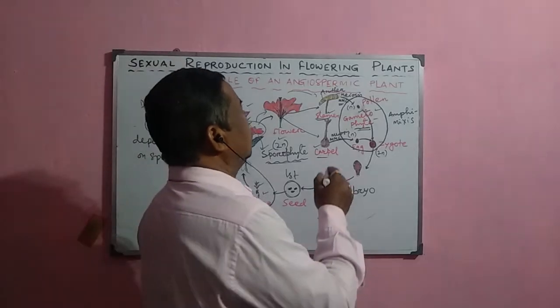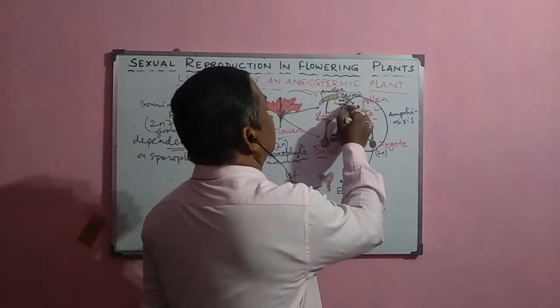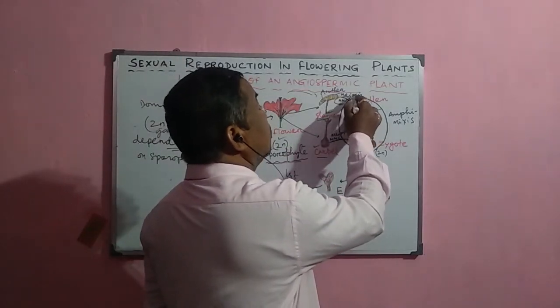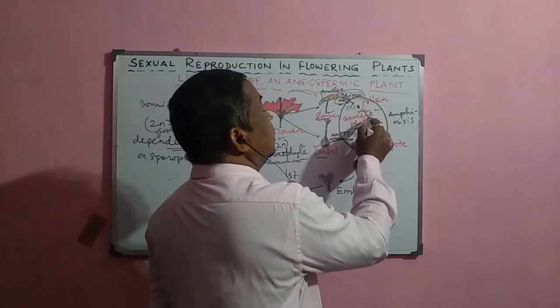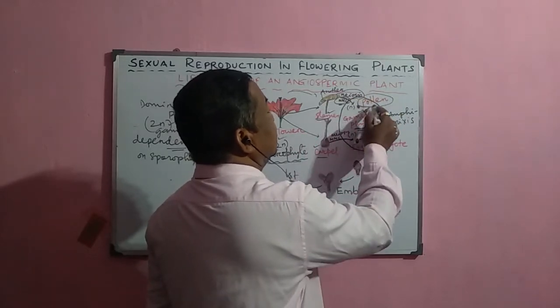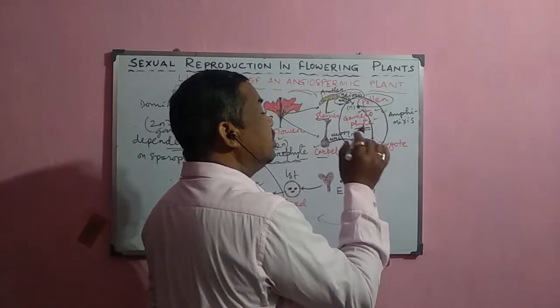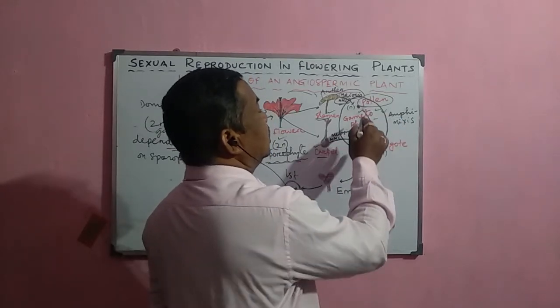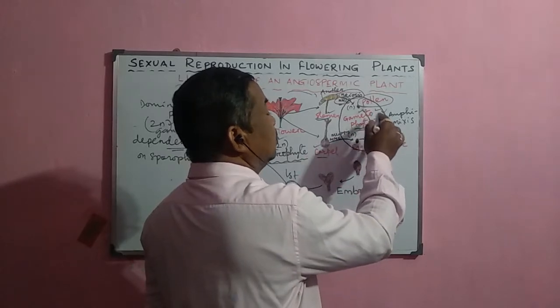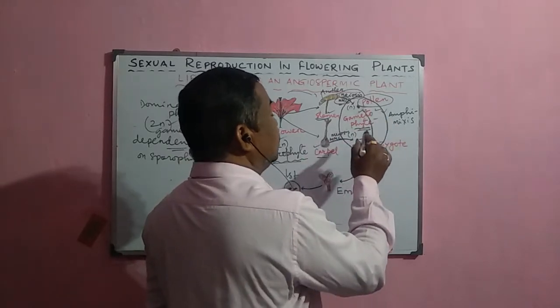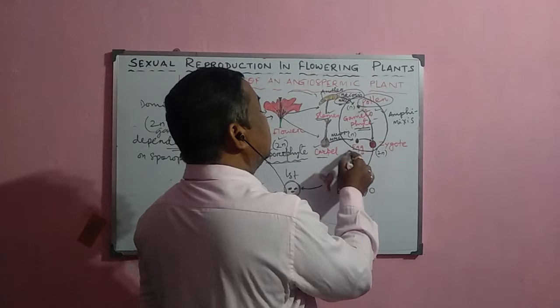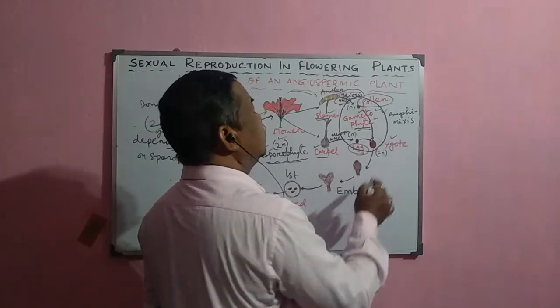Inside the microsporangium, the microspore mother cell undergoes meiosis and forms the pollen grain. This pollen grain later develops into the male gamete, which fuses with the female gamete, or egg cell, to form the zygote.